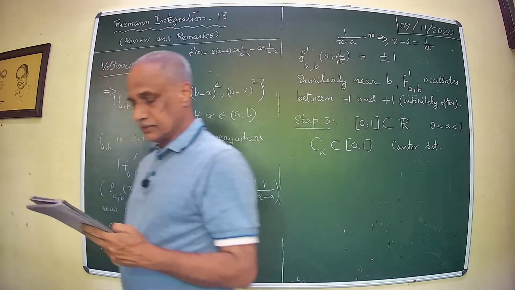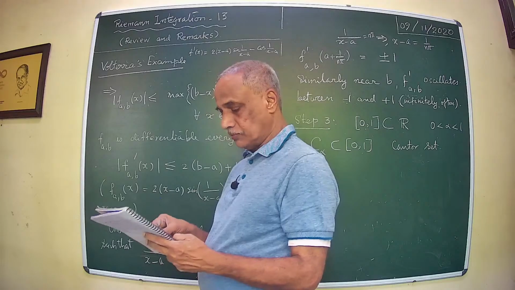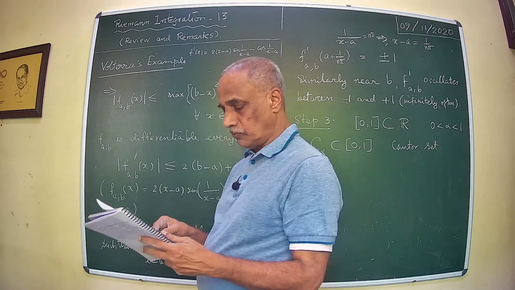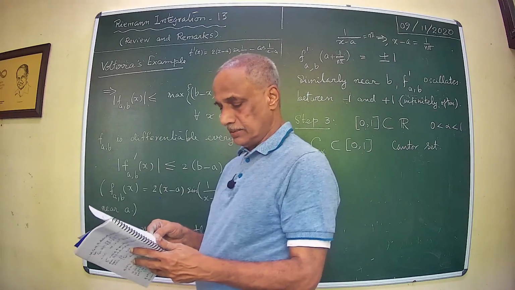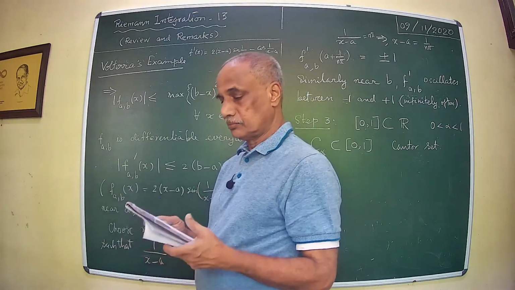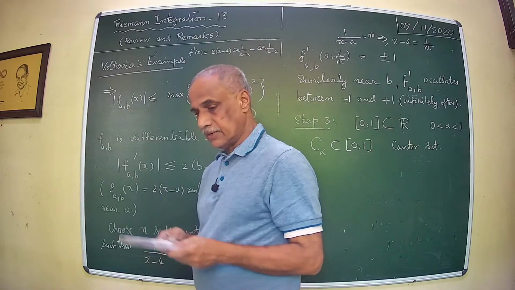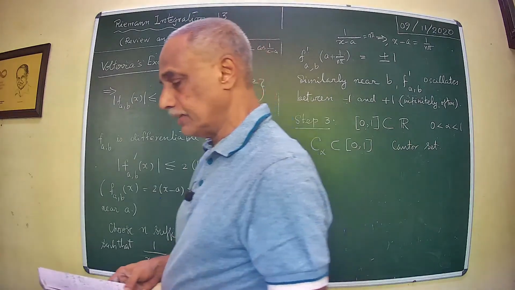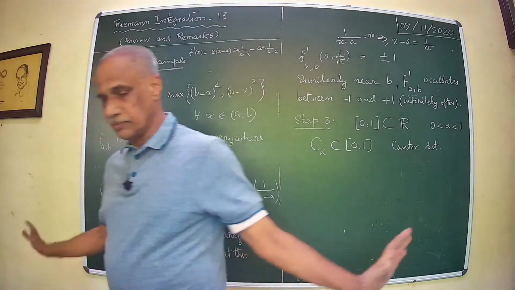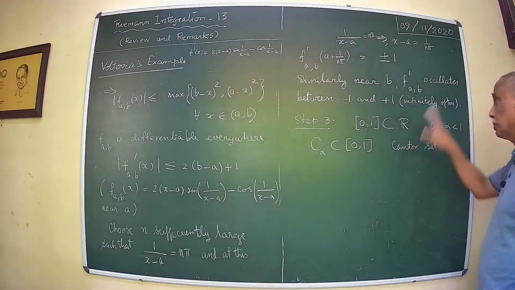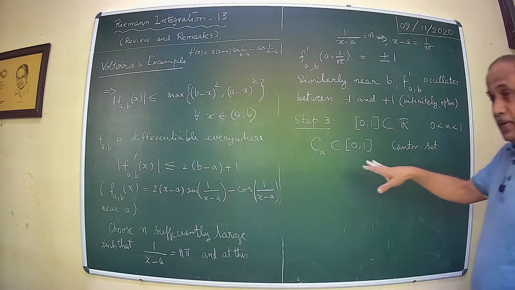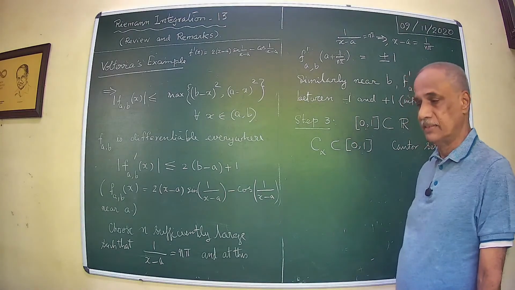After proving this, the function fluctuates infinitely often near a and b. And we show that f derivative is not Riemann integrable. So we go through this construction in our next phase.